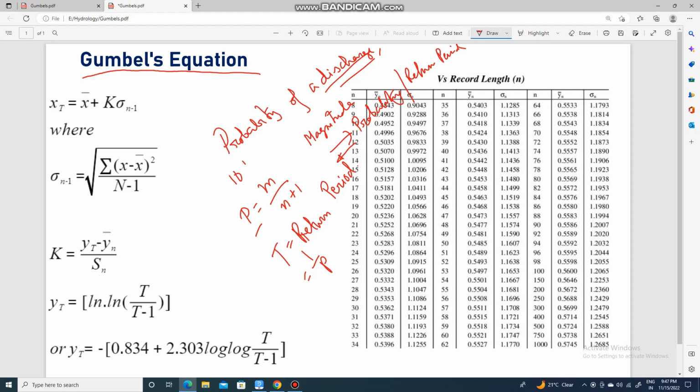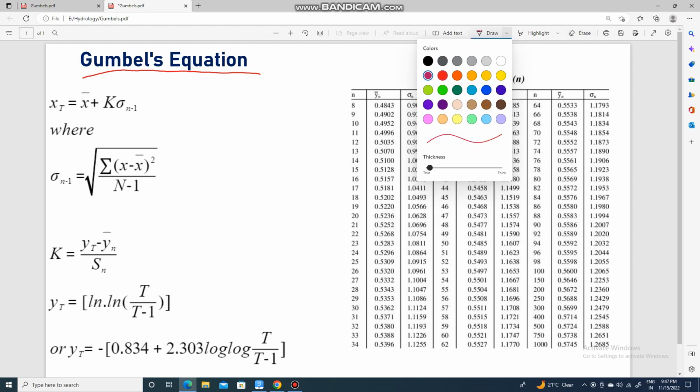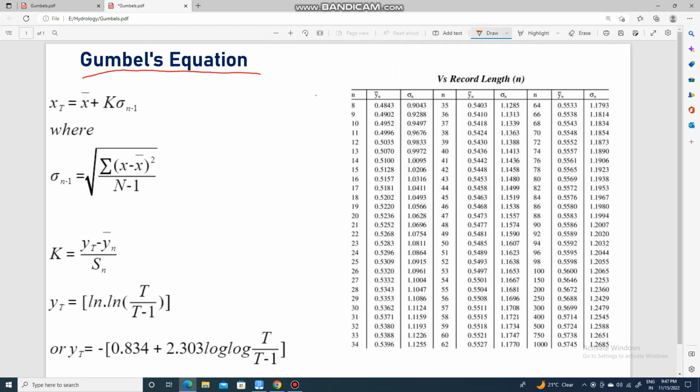So let us take an example and see how we can solve the problem of finding the real magnitude of discharge, or any event, whose probability is known to us. So the problem will be like this.